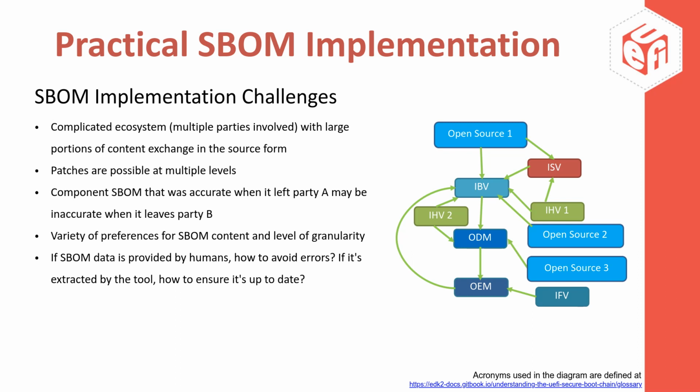Then there is a silicon vendor that provides reference code for the platform silicon. There are independent hardware vendors that may be providing some option ROMs, and of course there is a BIOS vendor who typically integrates all those pieces together, but they typically also have their own IP code. Then there are OEMs, then maybe some independent firmware vendors, and so on.